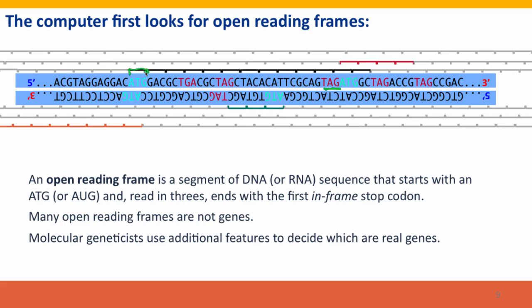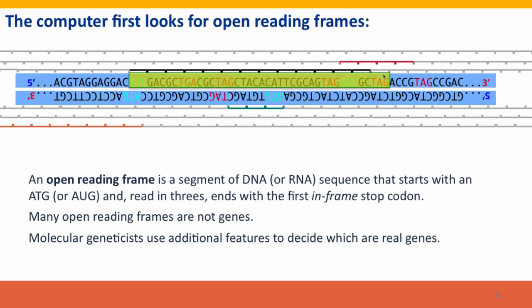This is our reading frame in black, set by this ATG, and this TAG is a stop codon in this other reading frame, but not in the reading frame that we're using. So this was only a partial open reading frame. The real open reading frame extends all the way to the next stop codon that's actually in frame.